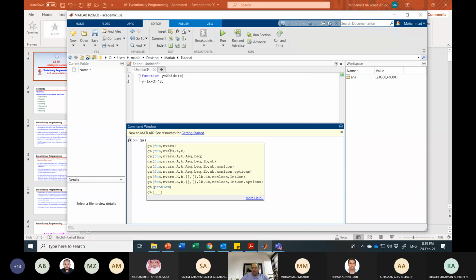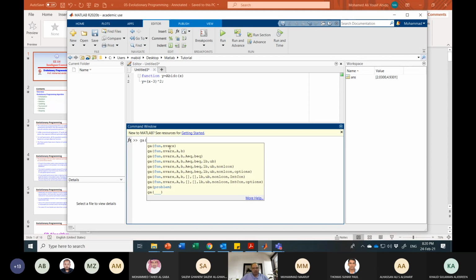If you have equality and inequality constraints, of course the default optimization here is a minimization problem, and the default of the inequality constraint is less than or equal. So even if it is greater than, you can of course multiply both sides by a minus sign to convert to less than.